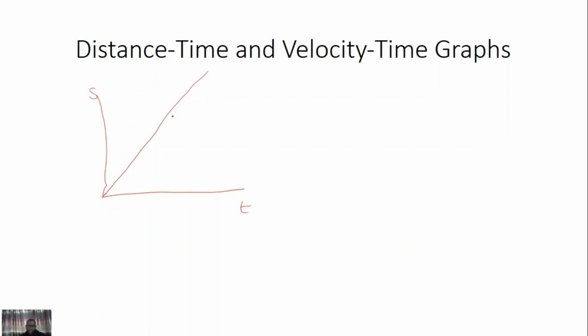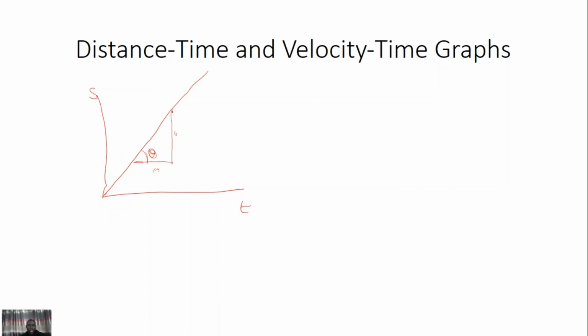Usually, the slope of a distance time graph, don't forget that slope itself is actually tangent, the tangent of the angle made by the line with the x-axis, and it's usually opposite over adjacent.